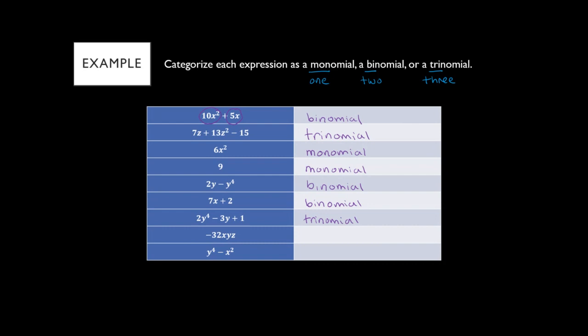It's still one term. It's still a polynomial. So you could have polynomials with different variables. You don't have to have just one variable. So this would be considered a monomial. And then our last one, y to the fourth minus x squared, we've got two terms there. So two terms means it's a binomial.